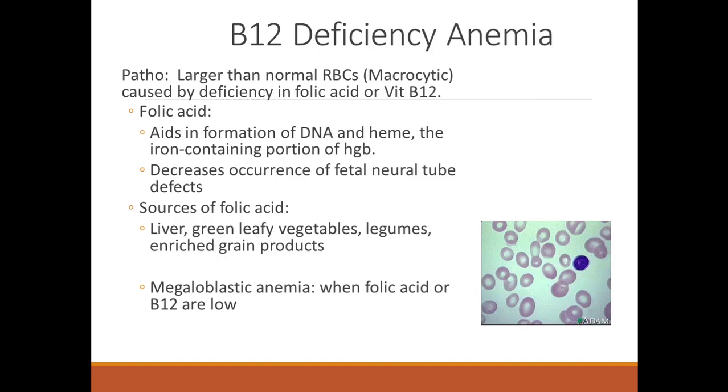Again, things that contain folic acid are kind of like the same as iron: liver or red meats, the green leafy vegetables, legumes. I can't say that word. And the grain products all have folic acid in them.